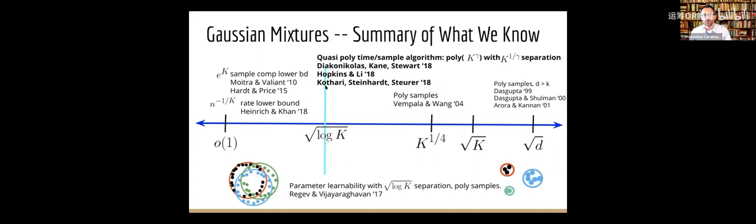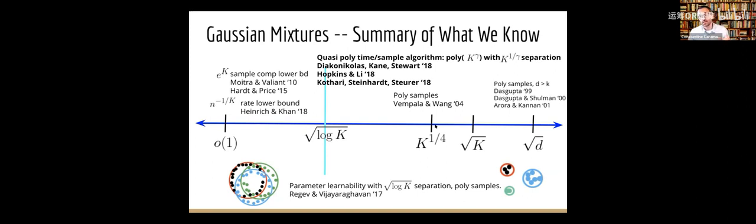So a number of related works essentially leverage sum of squares technology to get that down to k to the 1 over gamma separation, so gamma would be 4 here.